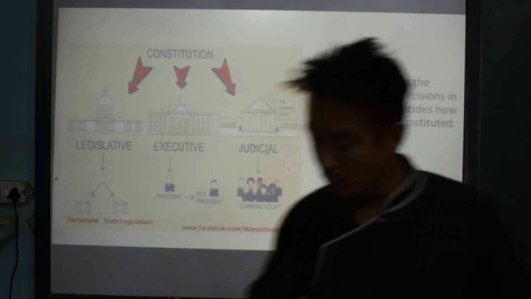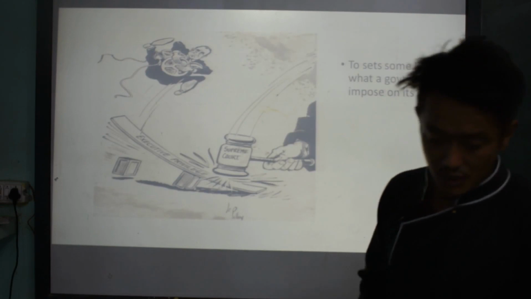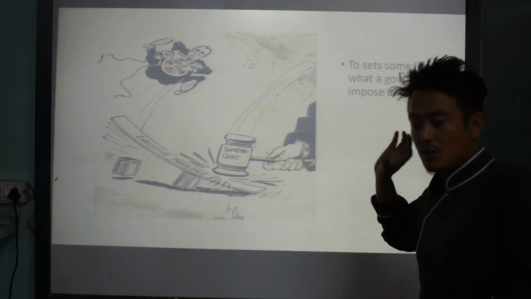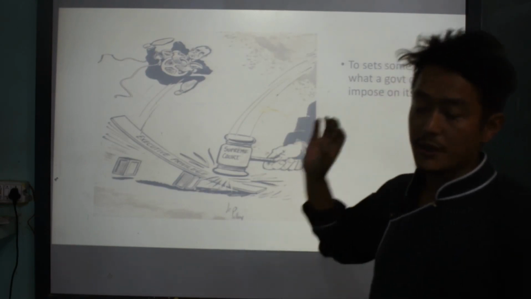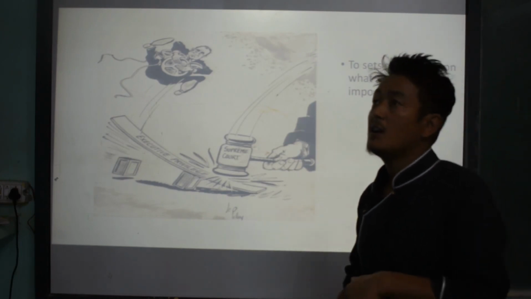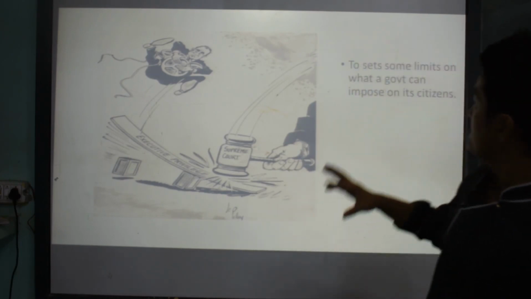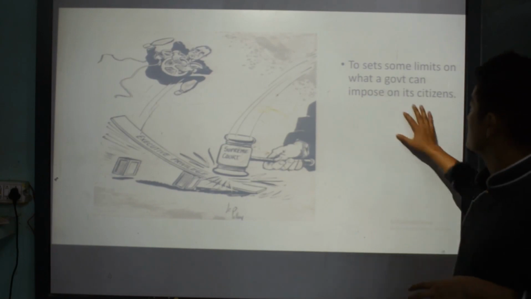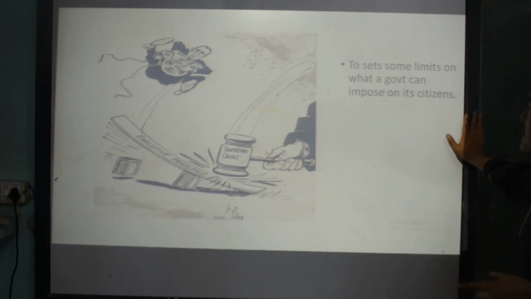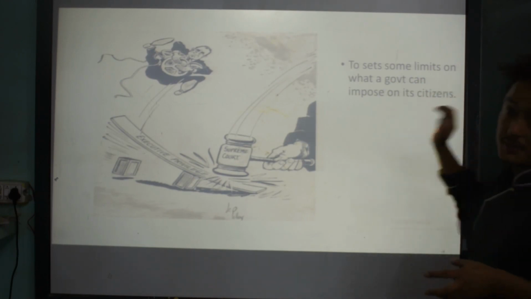Okay, now let's move on to the next topic, that is to set some limits on what the government can impose on its citizens, right? Another important function the Constitution performs is to set some limits on what the government can impose on its citizens.